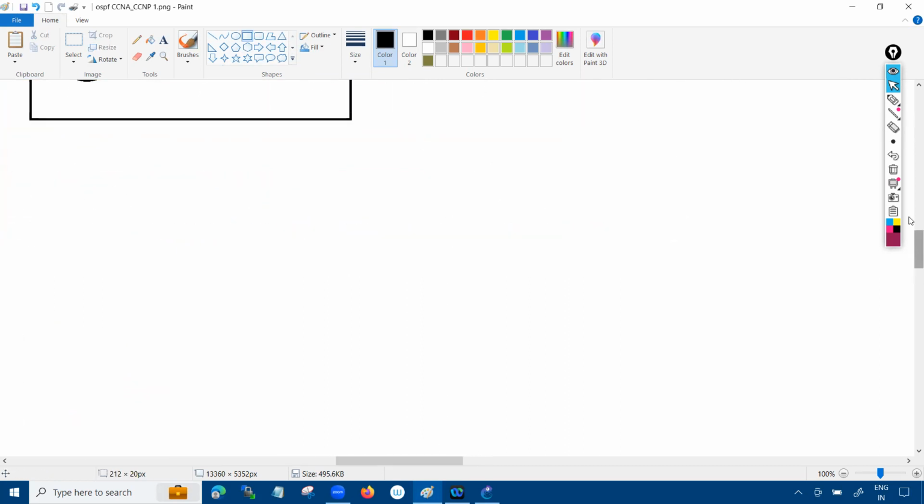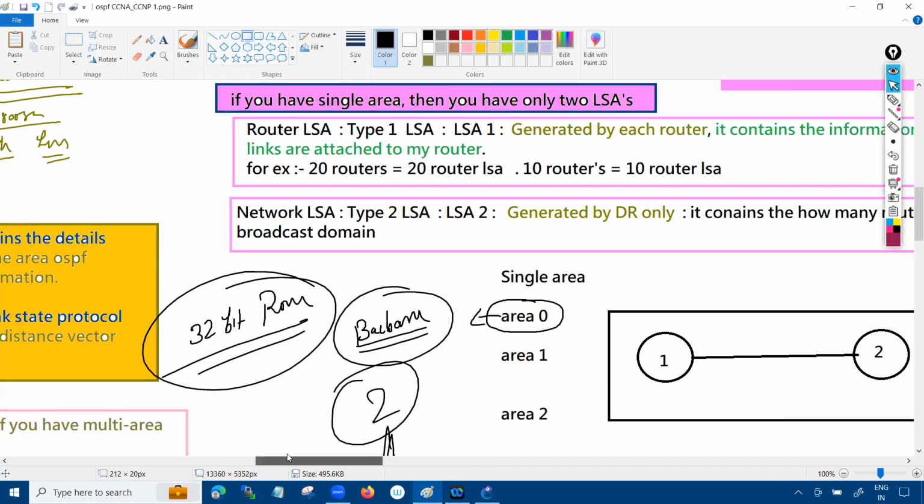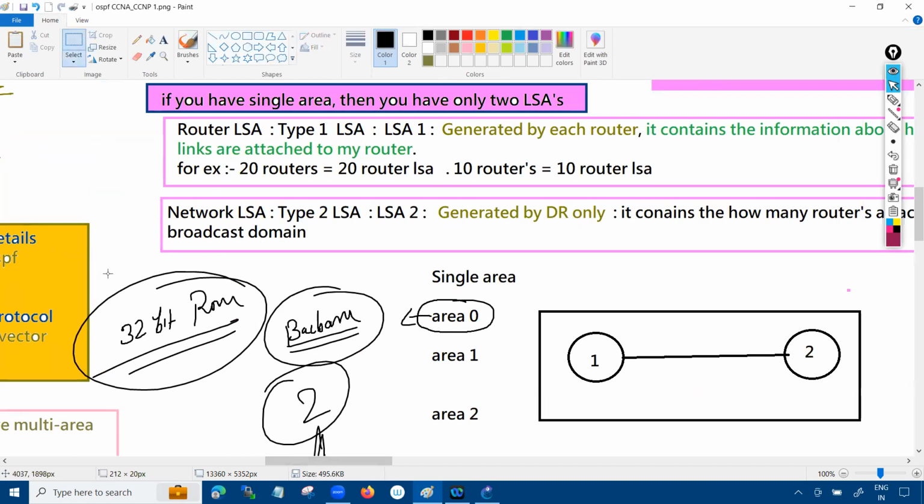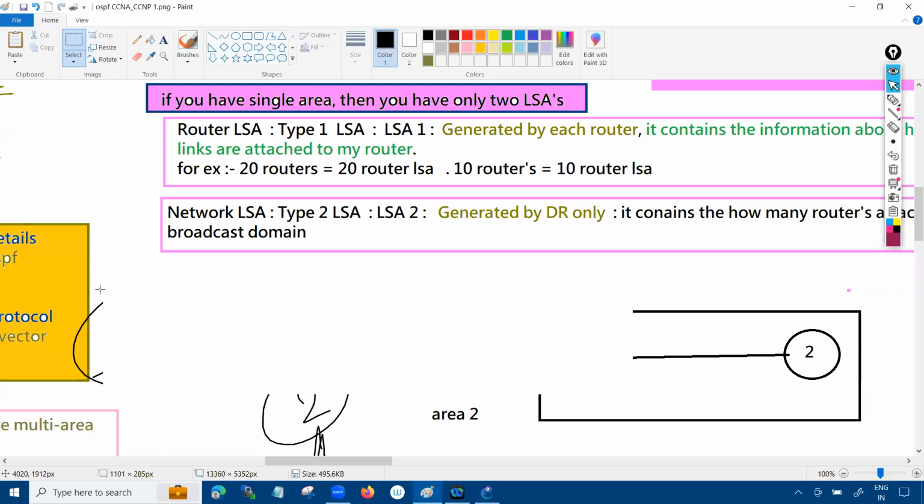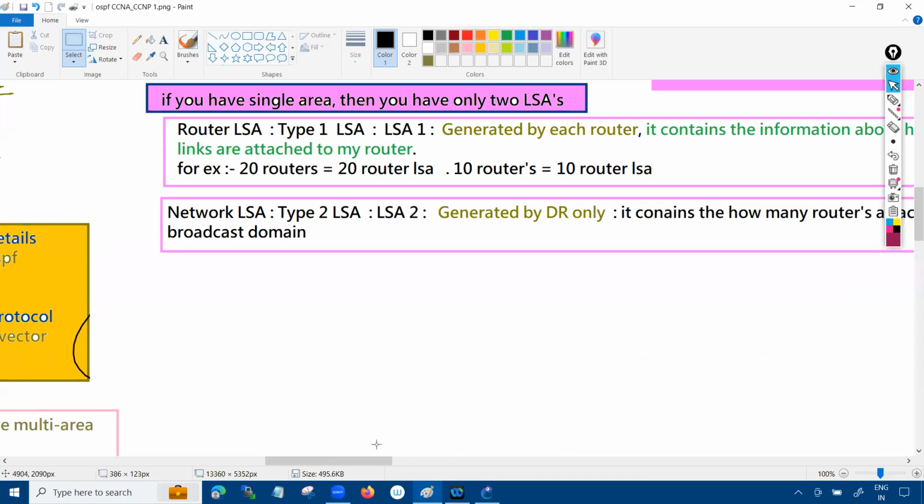Right? Now let's have a look. Let me remove this guy. I don't need it. Okay.